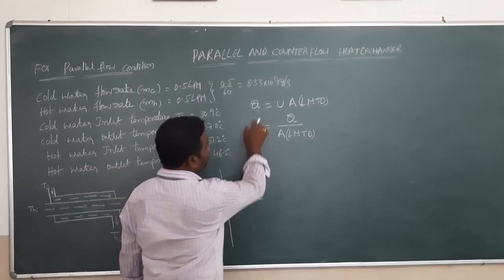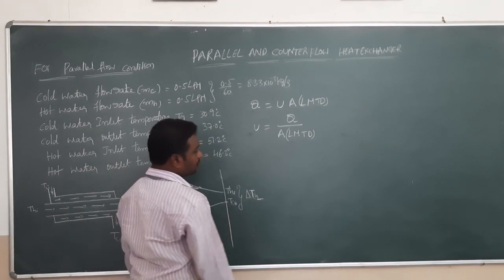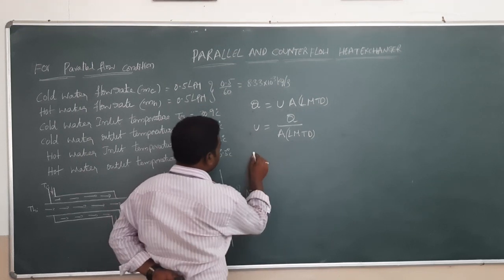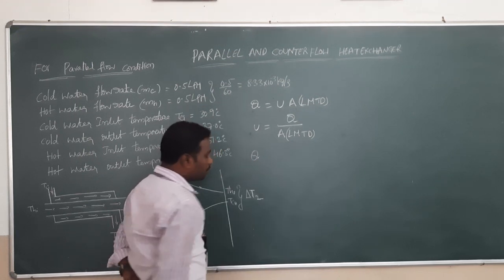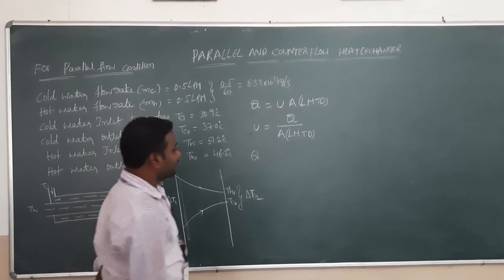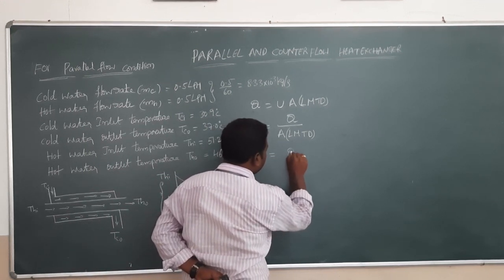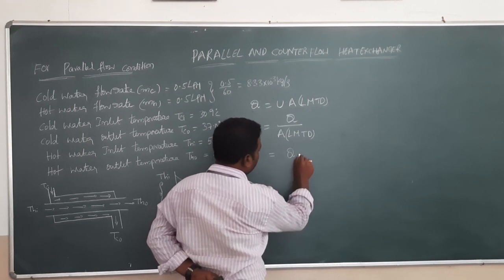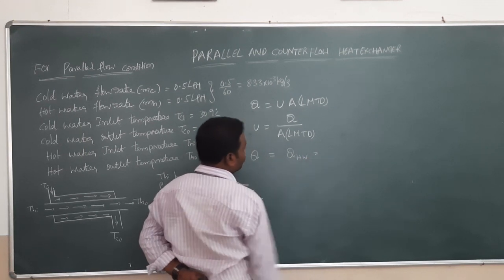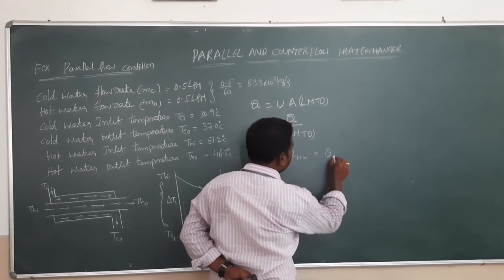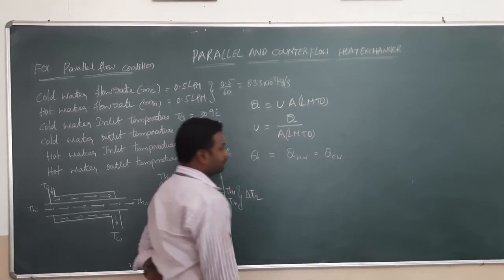First of all, find the rate of heat transfer Q according to the energy balance equation. The total rate of heat transfer within the heat exchanger is equal to the heat energy lost by the hot water, which is equal to the heat energy gained by the cold water.